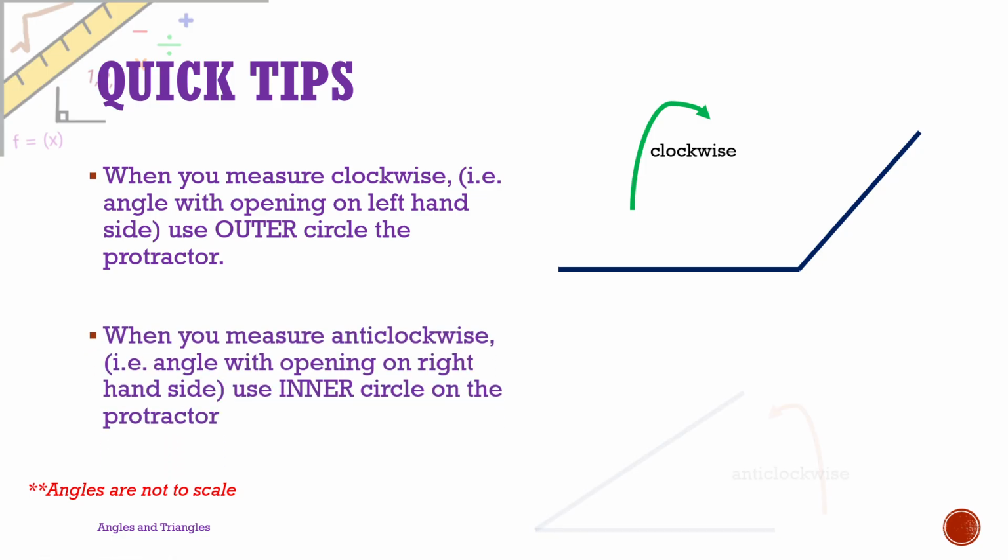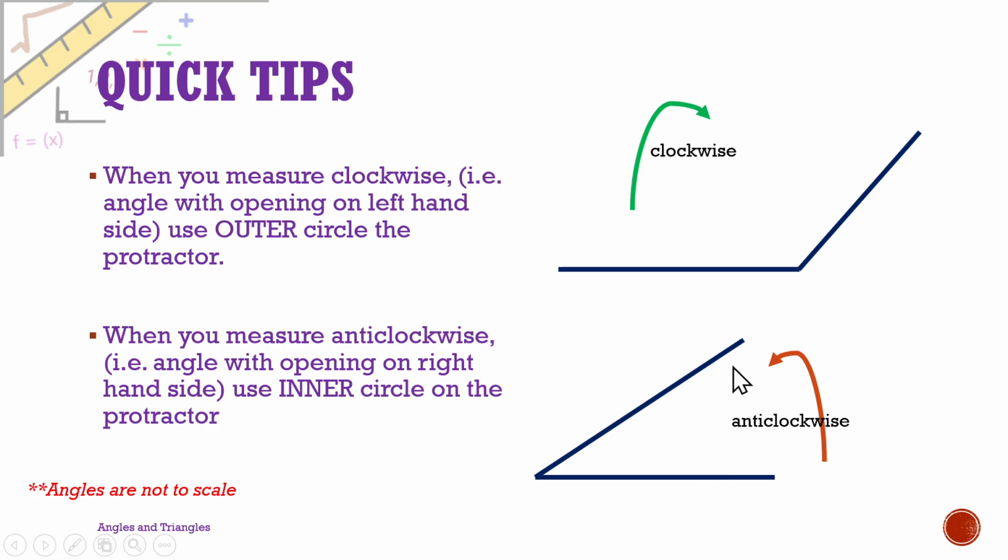When you measure anti-clockwise, that is an angle having an opening on your right hand side, you use the inner circle on the protractor. This is really going to help you to identify how to place the protractor and which circle you are going to use to match your angle with.